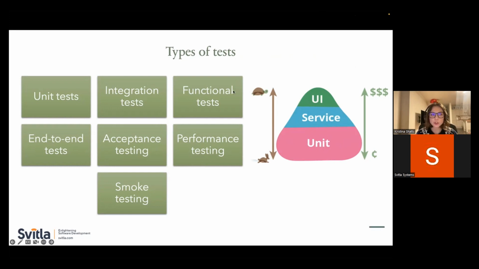Then second, you should have either integration or functional tests. But unit tests are the base one. You should 100% have them, at least unit tests. And then you could think about other types of tests. For example, in my experience, we usually had two types of tests, which is unit tests and functional tests. And it's usually enough to cover different scenarios in your application.